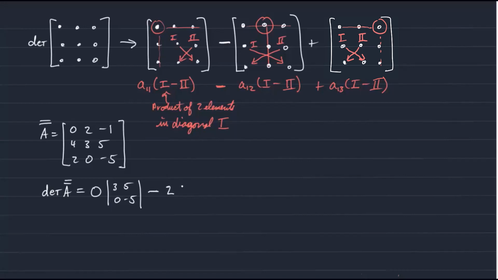A12, which is 2, times the determinant. Again, we're going to strike out the column and row that element 2 is in. And that's the determinant of the matrix 4, 2, 5, minus 5. And then we have a plus minus 1, which is the upper right element.